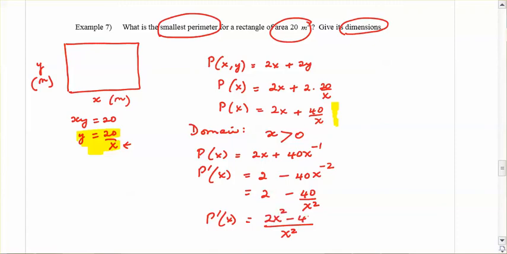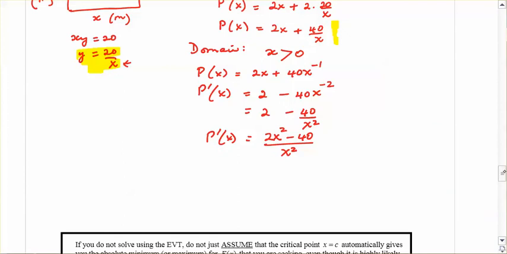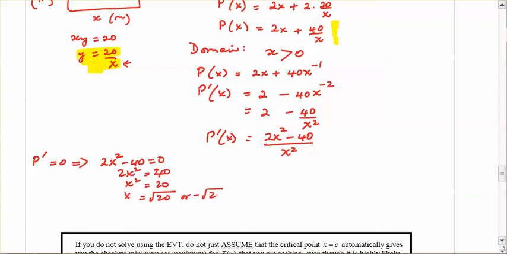2x squared minus 40. Okay, critical points, so where P prime is 0. If I set P prime equal to 0, remember a fraction is 0 when the numerator is 0 and the denominator is not. So 2x squared minus 40 is 0, 2x squared is 40, x squared is 20, x is either positive root 20 or negative root 20.